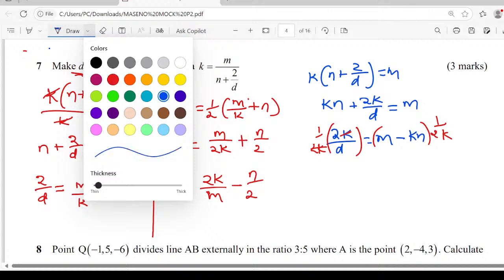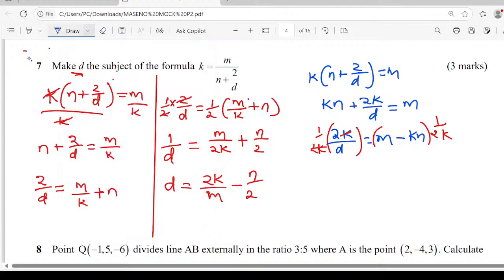Sorry, my pen is... 1 over d will now be equivalent to m minus kn divided by 2k, because this is multiplied by half. So if you divide by 2k, it means that d will be equivalent to 2k over m minus kn.